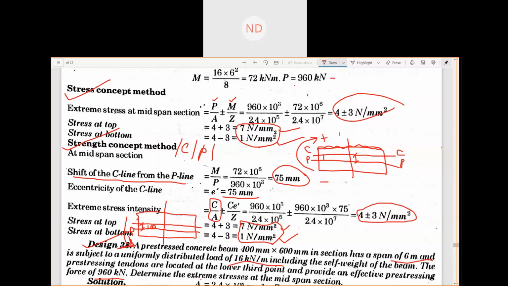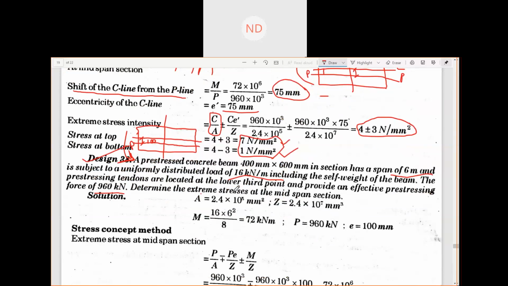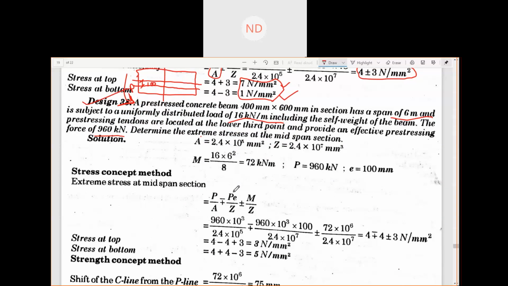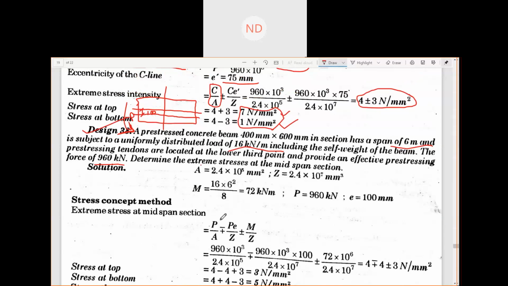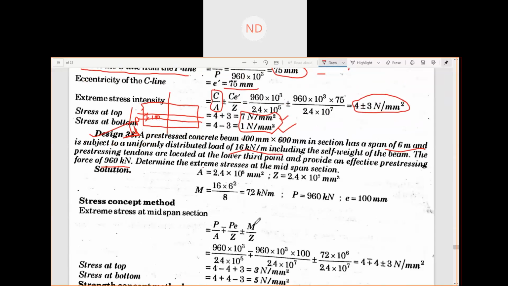So Stephanie got 3 top and 5 bottom, and she is correct. Very good. She has tried. Okay, so this is our solution for the stress concept method. These things you already know: area, section modulus, moment, P, eccentricity e.